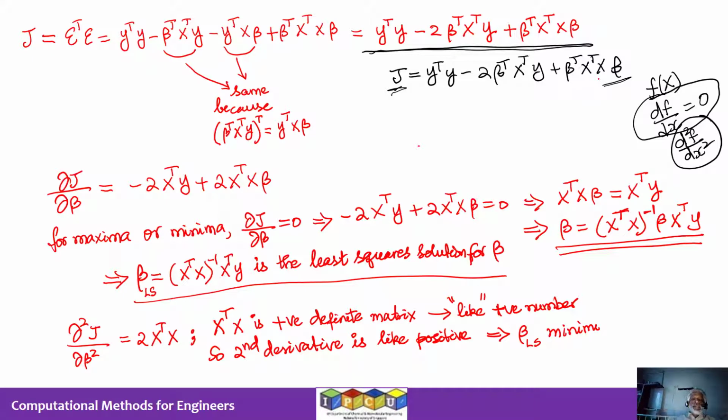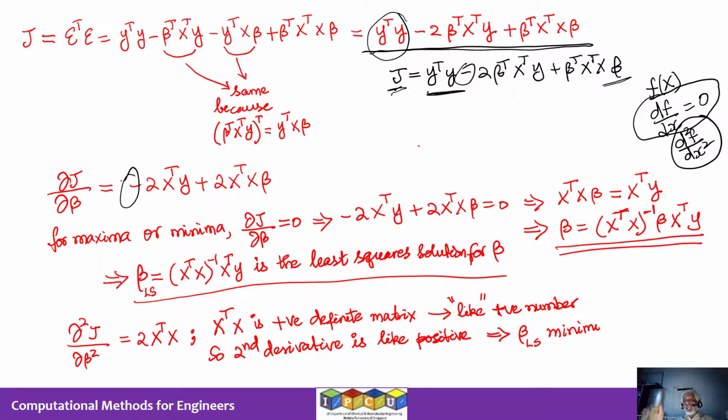When I do that, I will get dou j by dou beta is going to be this y transpose y term. This y transpose y term does not involve beta. So the contribution of that to the derivative will be 0. And when you come to the second term, this minus is a minus here.